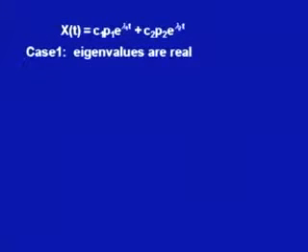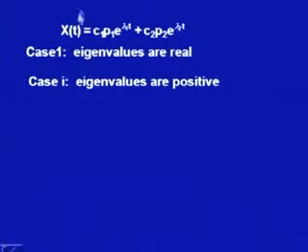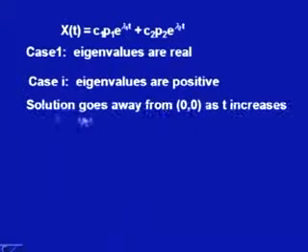Case 1 is when the eigenvalues are real, and in this case I will subdivide into: eigenvalues are positive, eigenvalues may be negative, eigenvalues may be one positive, one negative. So, I will first discuss the case when eigenvalues are positive. When the eigenvalues are positive and distinct, then the solution goes away from (0, 0) as t increases. This can be observed from this solution.